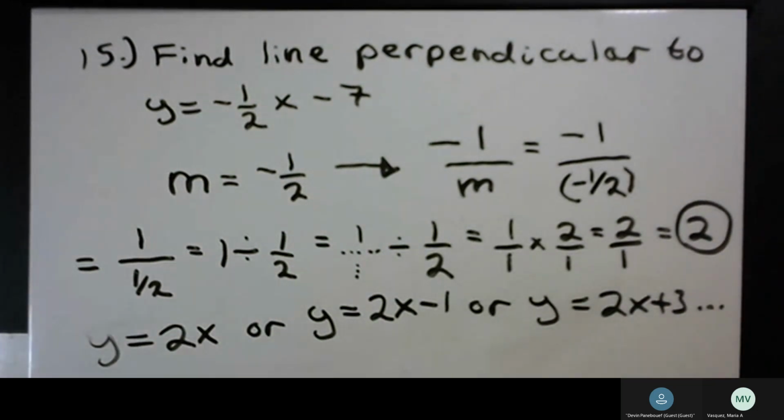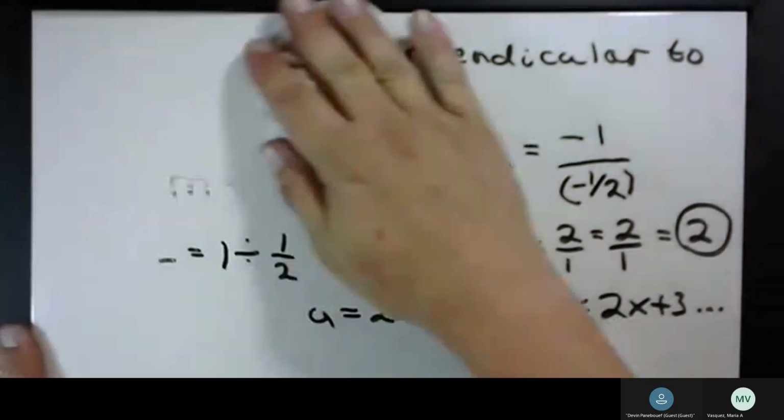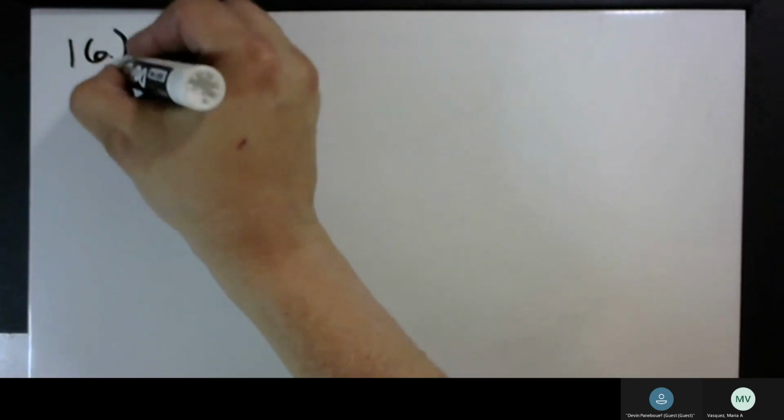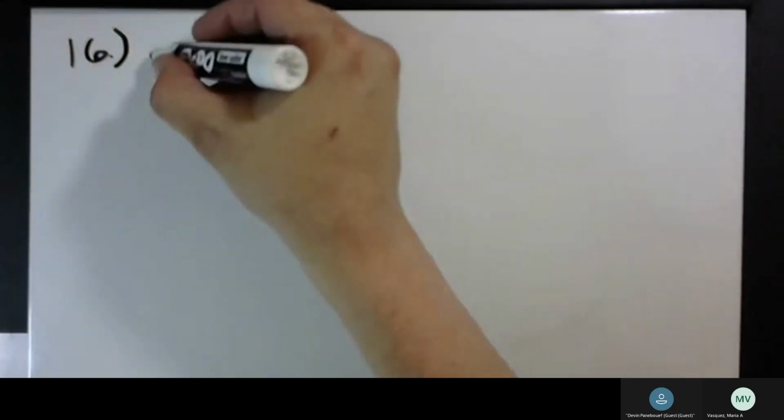So I'm going to do a tricky problem here. Let's take a look at this. This one I think is kind of tricky. So let's find a line.